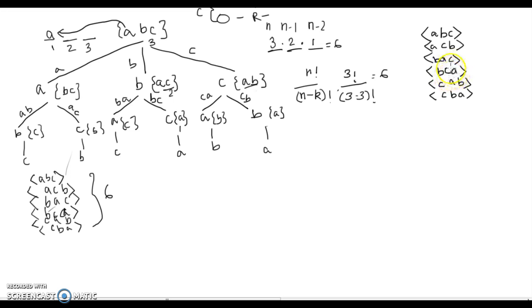So if we flip CA to AC, then we get BCA. Then we go back, and if we flip A with C, which flip here is nothing but swapping, so if I swap A and C right here, I get CBA.